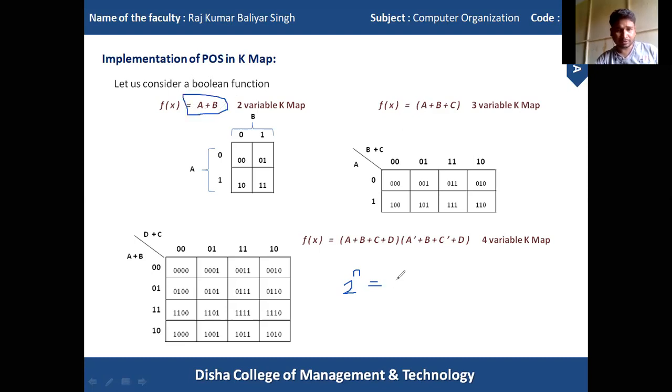So n equals 2, 2 to the 2 equals 4, so we have to construct a K-map table with four individual cells. The columns are represented with 0 and 1 values, and the rows also. In this way we can implement the POS in K-map.